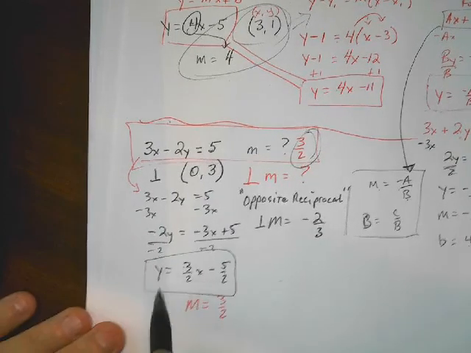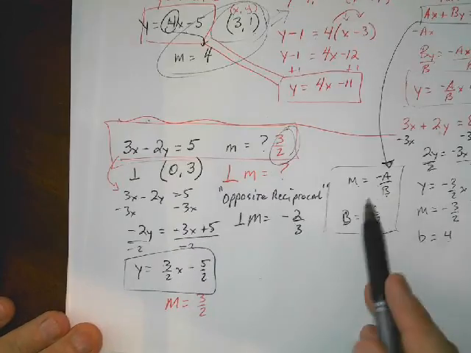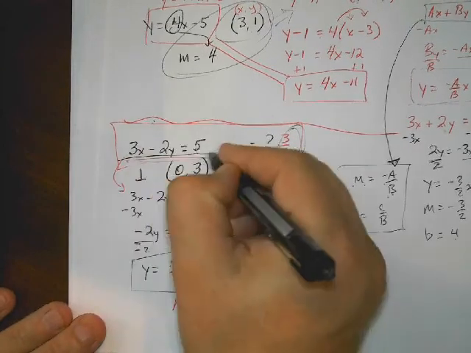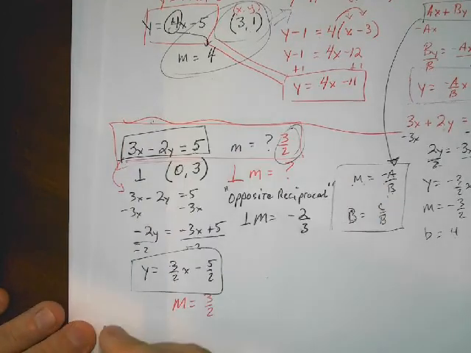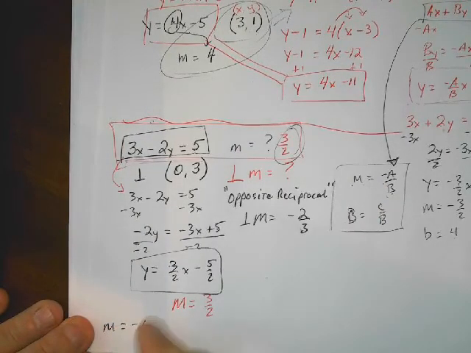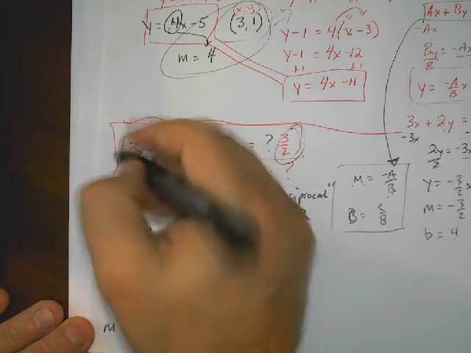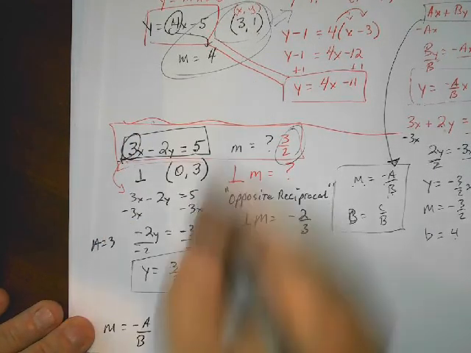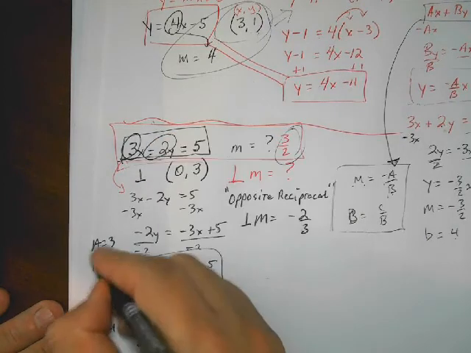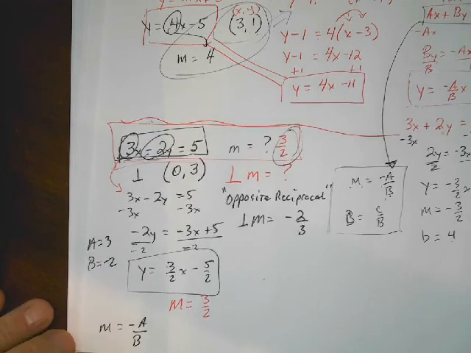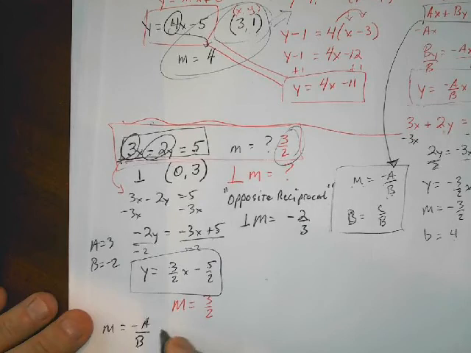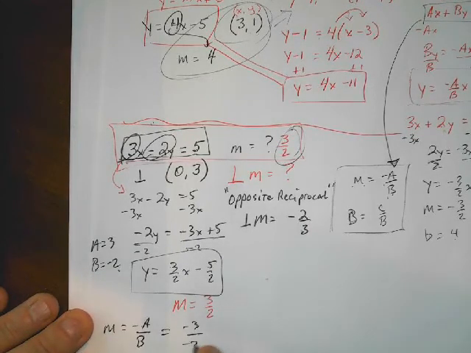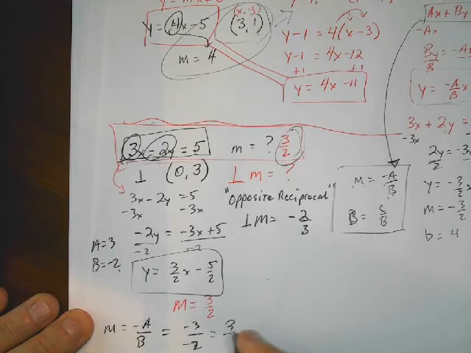Okay, before we go and plug that into point slope form, let's first do the other way. So we solved for y, but what about the shortcut? Well, the shortcut told us that the slope is negative a over b. So if I have this standard form, I just have to know what my a and my b are. My a is 3, and my b is negative 2. So negative a would be negative 3, b is negative 2, and we end up with 3 halves.